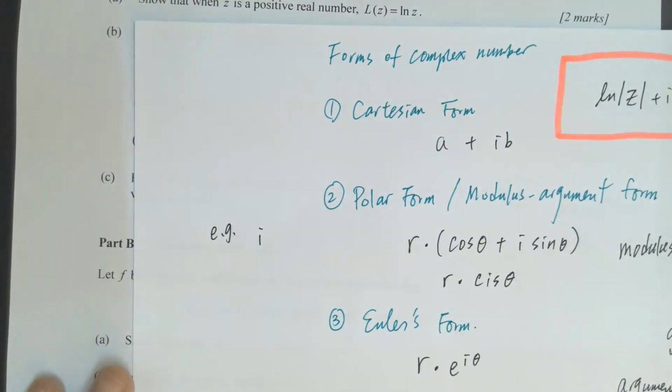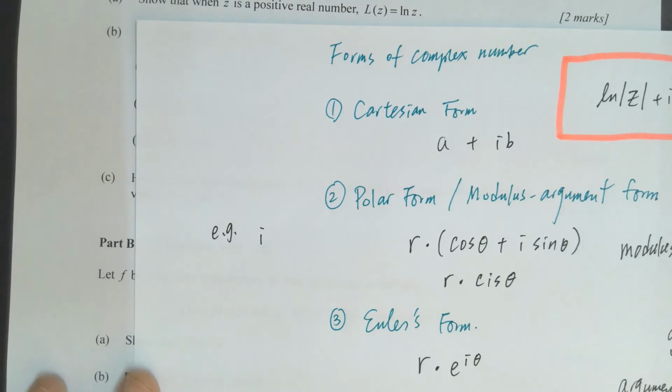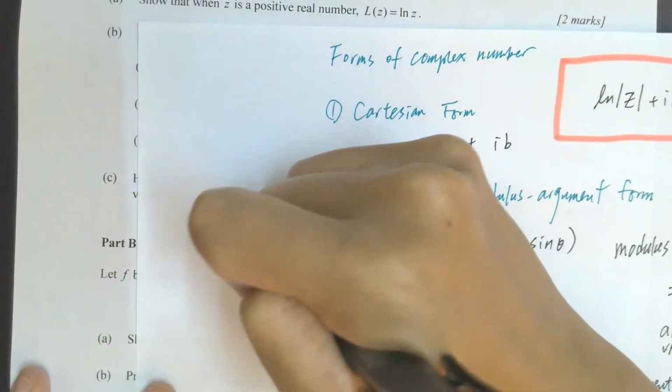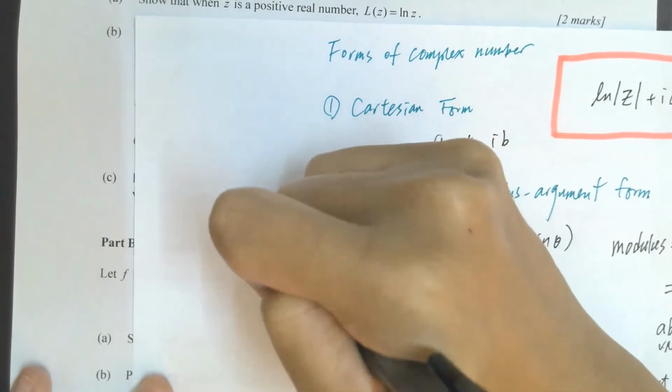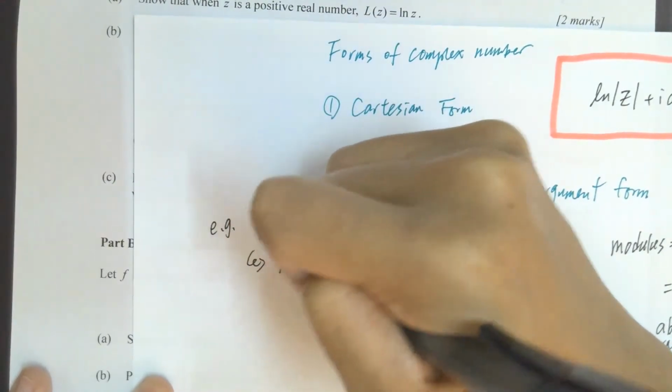We've identified that the distance between i and the origin is just 1, and the angle, if the domain is not restricted, is any multiple: pi over 2 plus 2k pi. So we can write it as 1 times cosine.